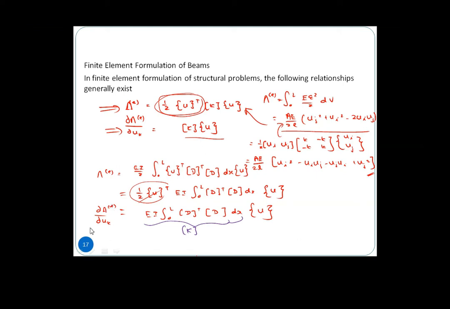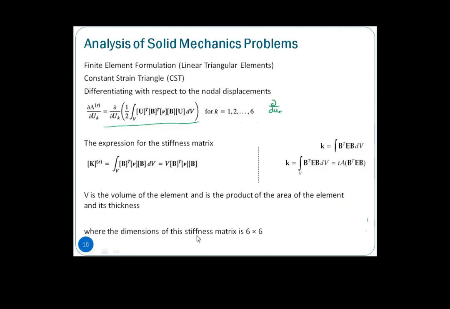So we know that the minimum total strain energy is Ku, right? We know that Ku minus F equals 0. So this itself is our K. If you rearrange these things, we have this 1 over 2 U T, which will be removed later on.